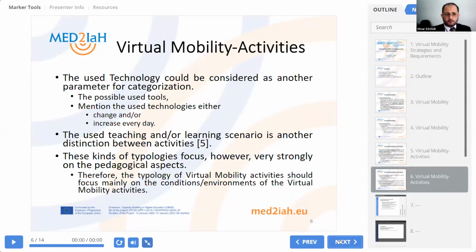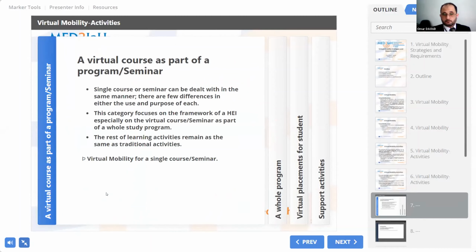Therefore, those virtual activities could be taken from three different points of view. First, a virtual course as part of a program or seminar. So this could be considered as a single course or seminar that can be dealt with in the same manner.